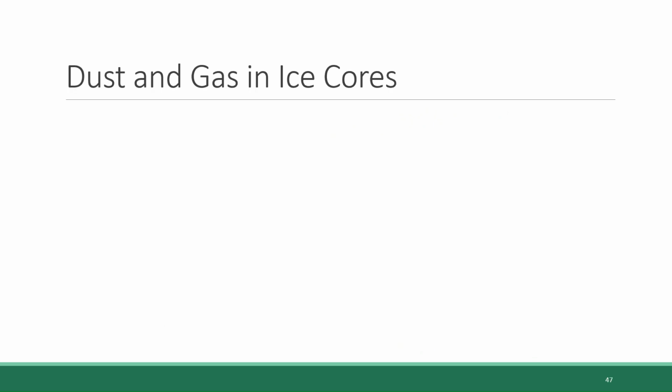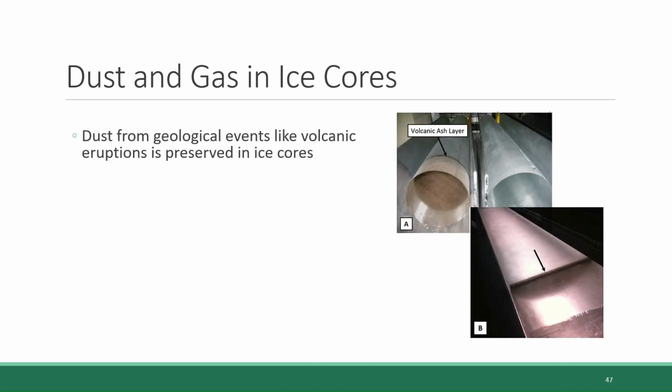Two other pieces of information that we get from ice cores, other than the oxygen isotope data, are dust particles and gas bubbles. Dust from geologic events like volcanic eruptions gets incorporated into the layers of ice, and this can offer a richer picture of other factors that may have contributed to changes in the climate at the point in time.